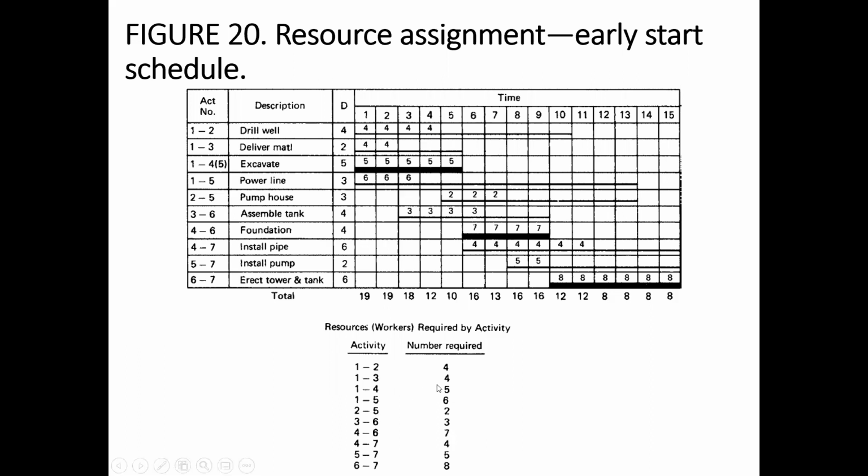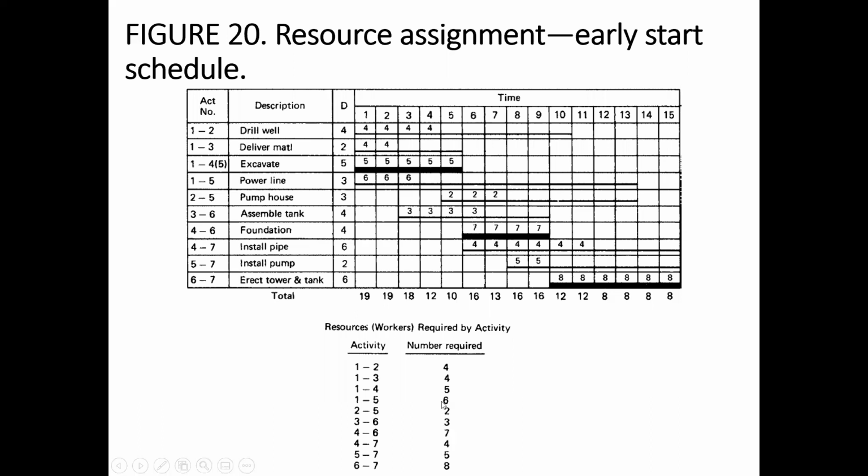As a part of the project planning, we have to estimate the duration of each activity to create the schedule. In addition, we have to also calculate the number of resources needed for each activity. So this is the additional data over here: 4, 4, 5, 6, 2, 3, 7, 4, 5, 8. These are the additional resources.